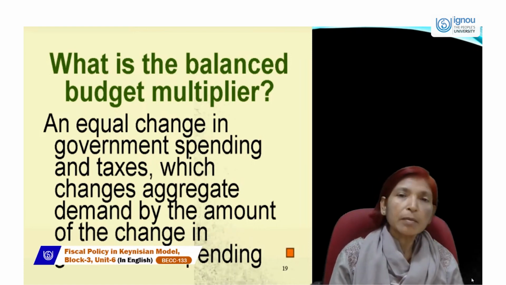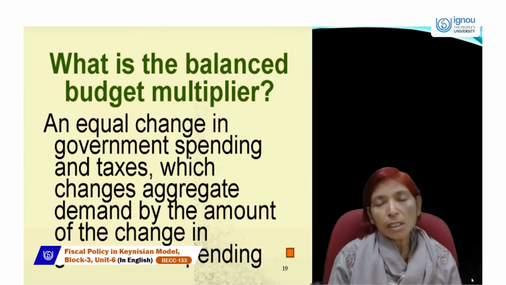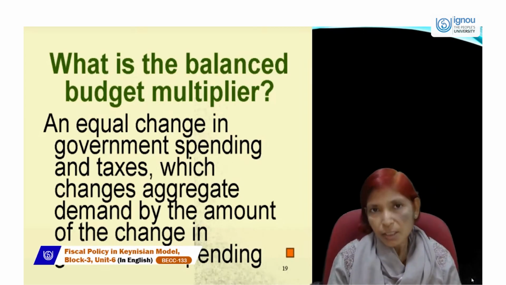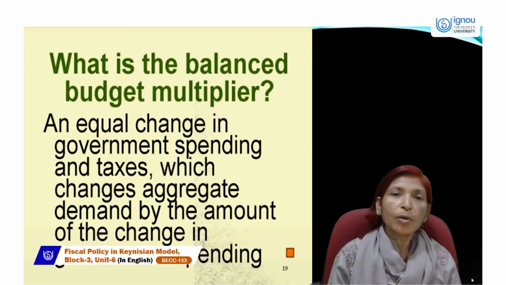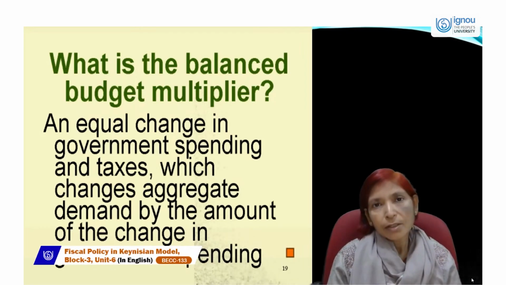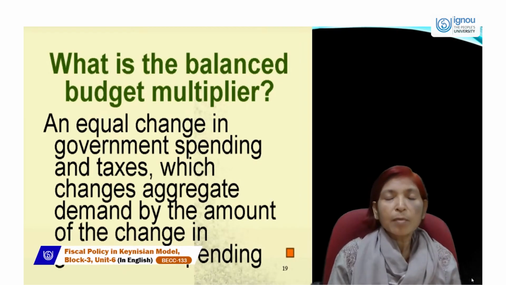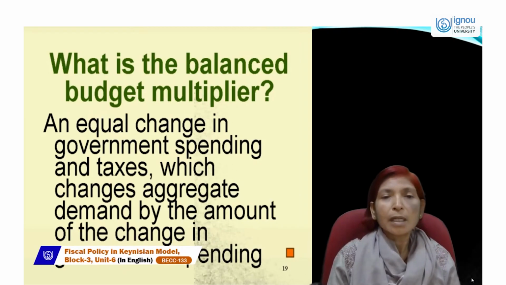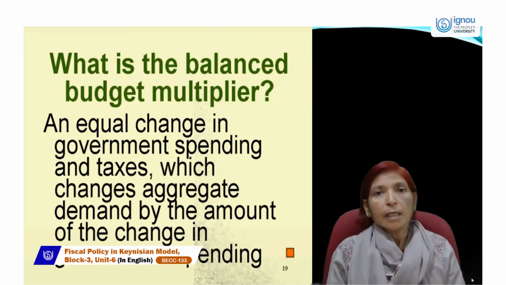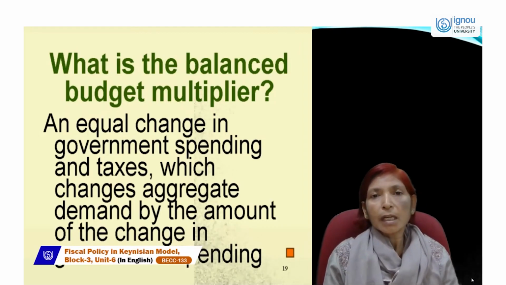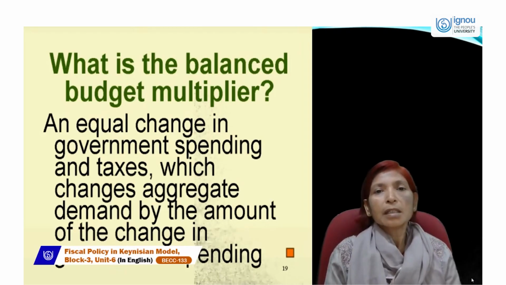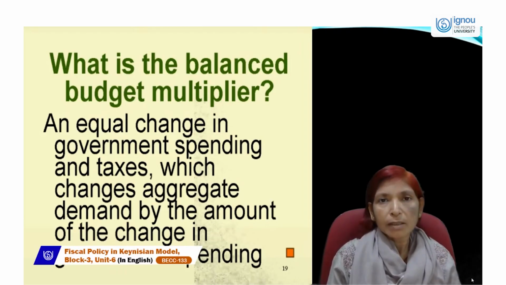And the government spending multiplier shows the change in income level due to change in government expenditure. If government spend more money, then income level of the economy will rise. So government spending multiplier is equal to delta Y upon delta G. Delta Y is change in income and delta G is change in government expenditure.